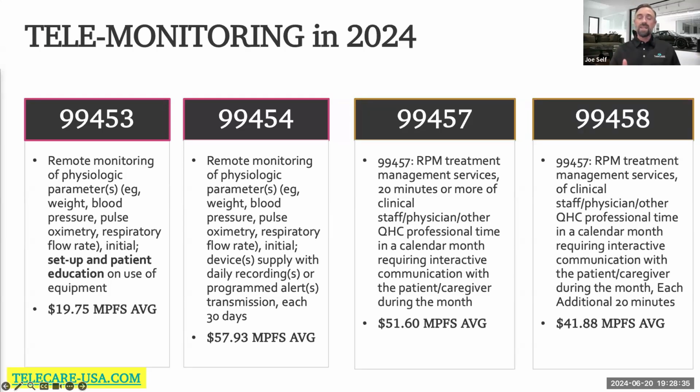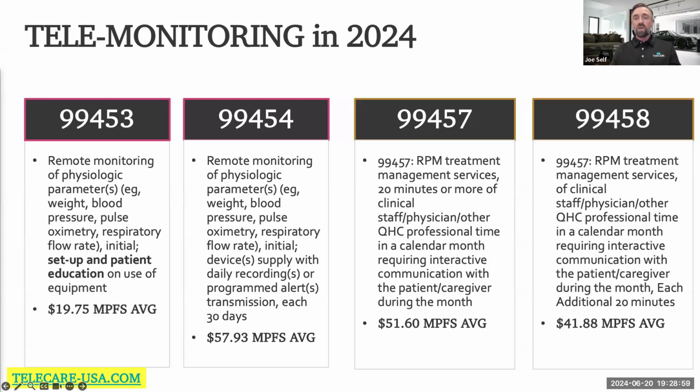Whatever the case is, any time that is spent on the care of that patient related to RPM, you can count as service time. That gets accumulated in the portal that you have for your RPM, and as you document your service time in there, it accumulates and you get it at the very end of the month. So the 457 is for the first 20 minutes of service time.